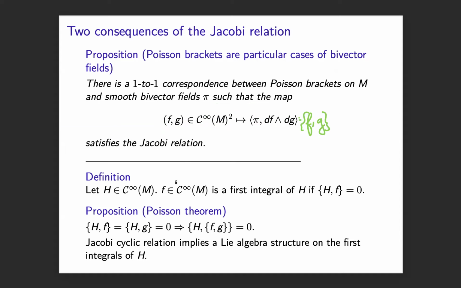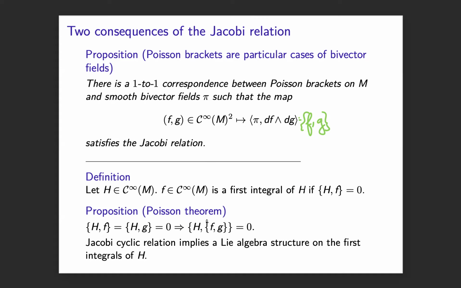So that was the first point of the consequences of the Jacobi relation: constraints on the components of the bivector field. A second plain consequence is what is called the Poisson theorem, meaning that the first integrals of H form a space that has the structure of a Lie algebra.